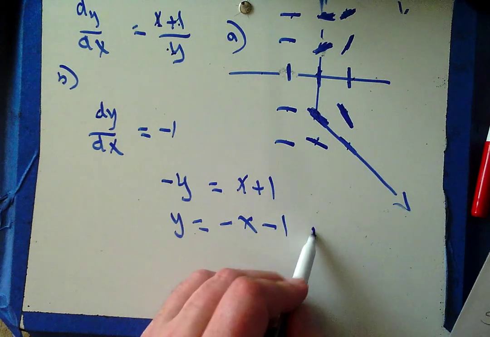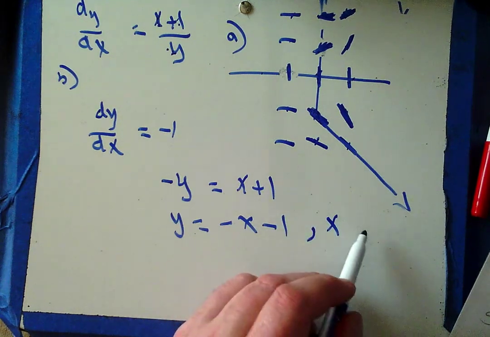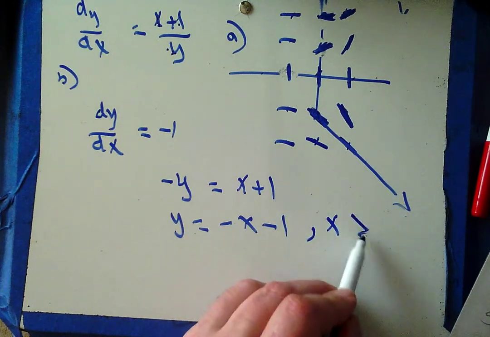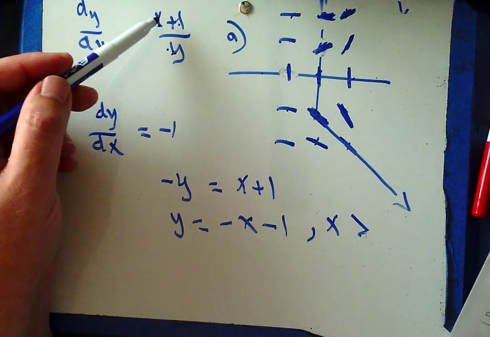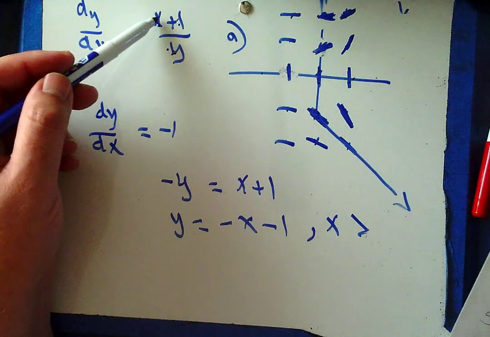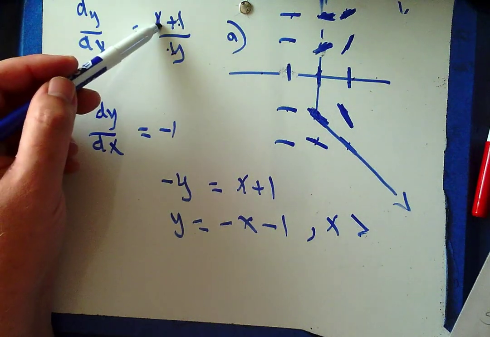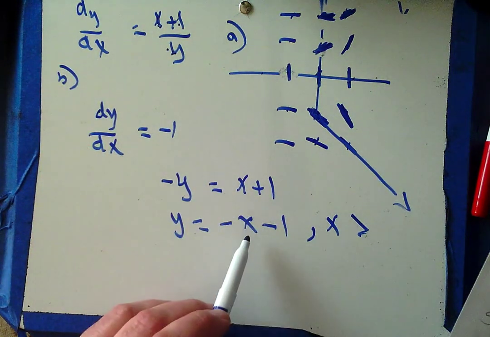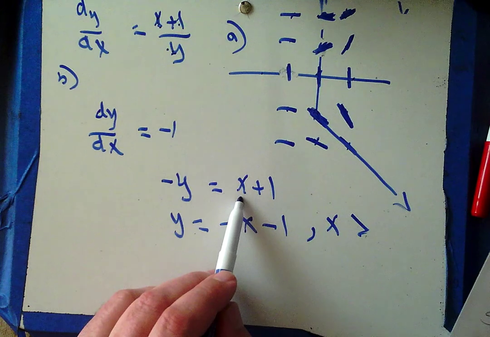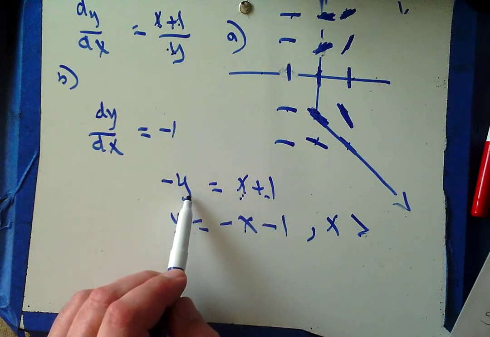Anywhere along this line, for x values I think greater than, let's see, if we plug in a negative 1 here, we get 0, negative 1. If we plug in a negative 1 here, we get 0.